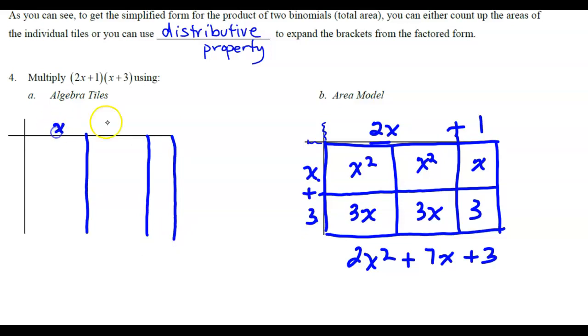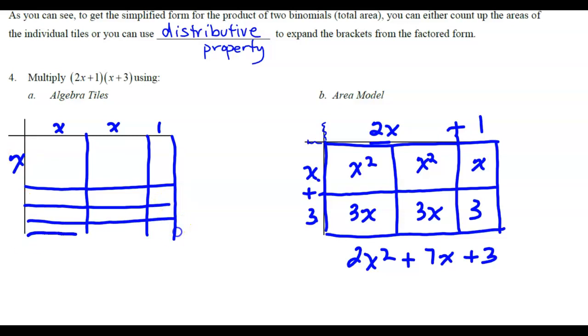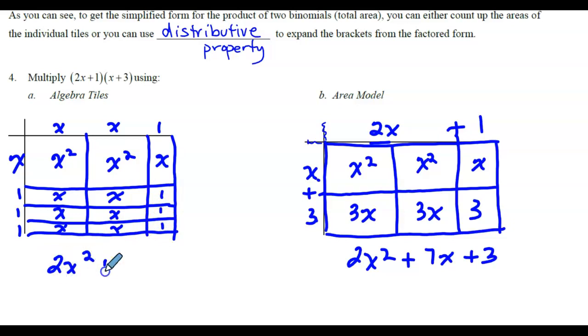The algebra tiles, even more shapes that you have to put in. So I'm just going to show you what it is here. So we have x, x, 1. We have x here. 1, 2, 3. Now it's nice if you have a ruler and you make them equally spaced, but if you look here, then you'll have x squared, x. This 1 times x is x. These rectangles are all x's, and these are all 1's. And so you get the same thing, 2x squared plus 7x's plus 3.